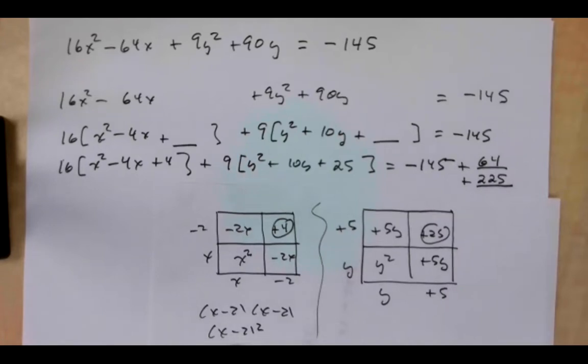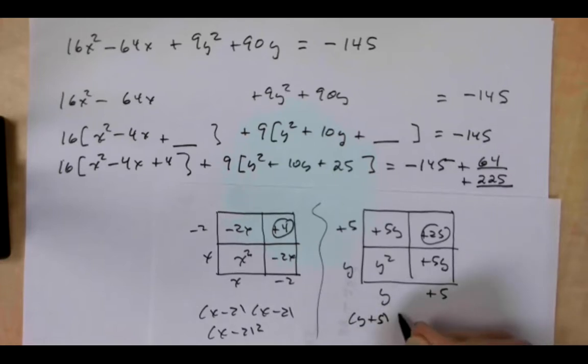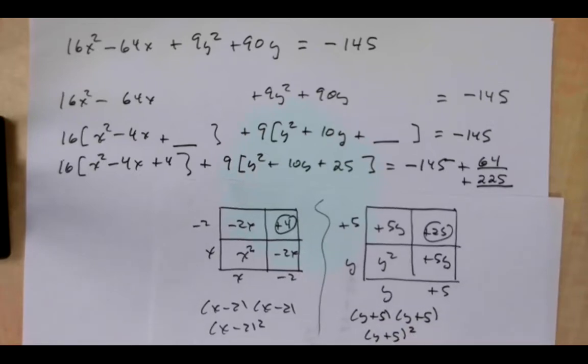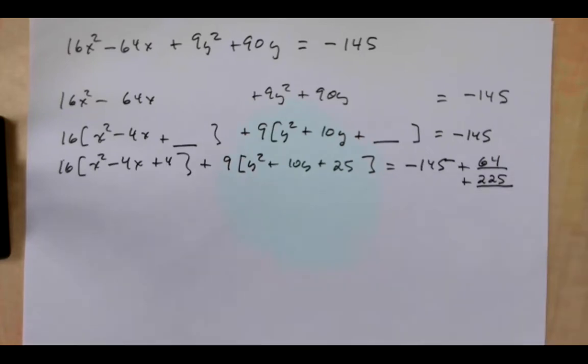As we said, the square on the left was x minus 2 squared. This one is y plus 5 times y plus 5, or y plus 5 squared. So we see that. We're ready to go ahead and use that. So where are we?